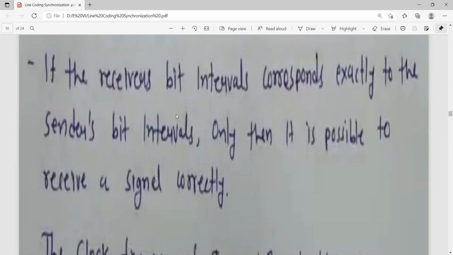Suppose I am speaking some words, I should maintain a certain gap between the words, so that the audience can understand clearly. If you are to understand my sentences, I have to speak with proper time intervals.